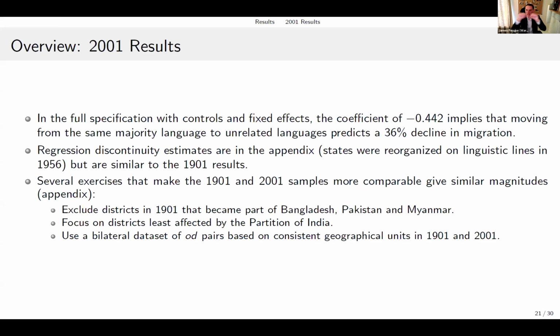We can throw out states that border other countries. We can also find the geographic units that have remained relatively unchanged over the course of a century and use that set of districts in our origin destination pairs. And across these, we get relatively similar magnitudes.